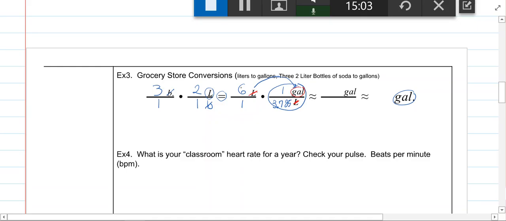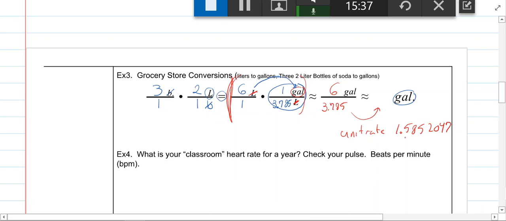Let's multiply the top now. So remember, it starts from here and goes to here. Should do it like this probably. 6 times 1 is 6, and 1 times 3.785 is 3.785. Now you use your calculator and you bring it to a unit rate. 6 divided by 3.785 is going to give you approximately 1.5852, and your calculator is going to round it itself.